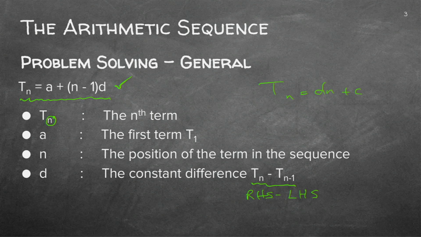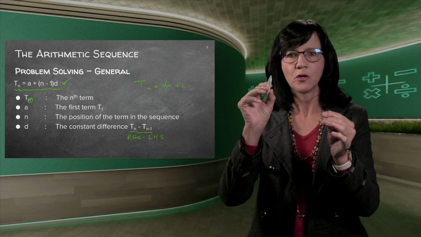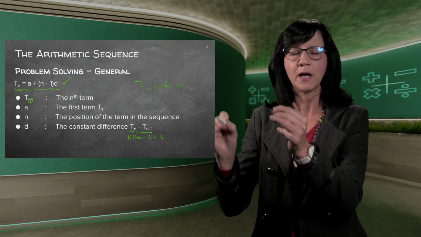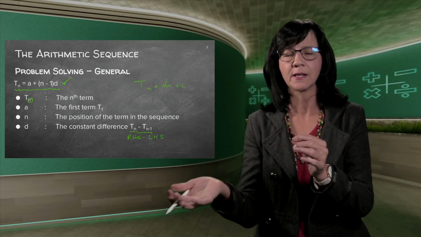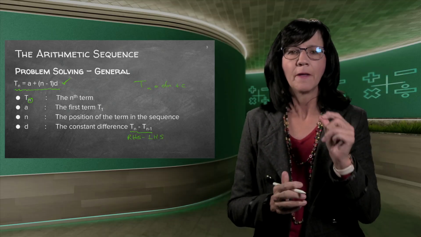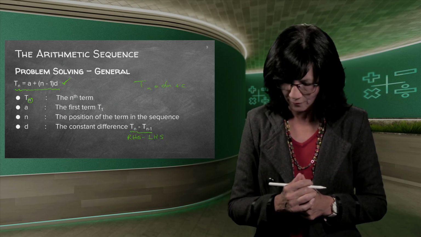To make sure we are working with the arithmetic sequence, we need to check if there is a common difference. So we check twice. We say term 2 minus term 1, and then we also say term 3 minus term 2. So you take any two, right-hand side minus left-hand side, and if the answer is the same, then I know I've got to do with an arithmetic sequence, and then I know I can use this formula that you see on top of the page.